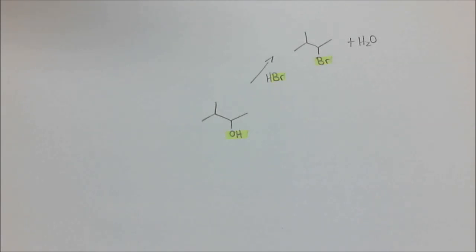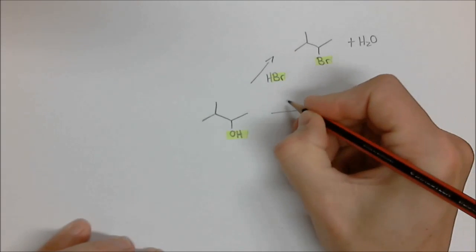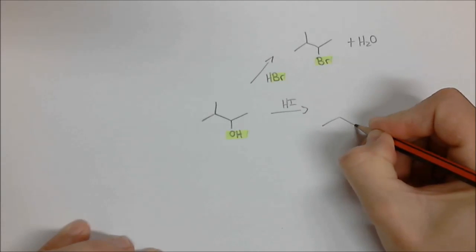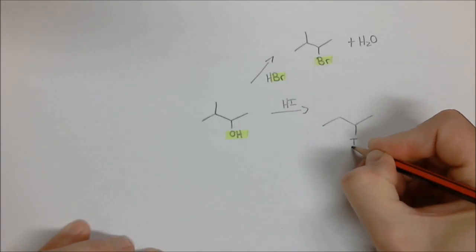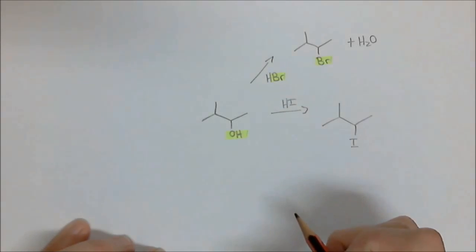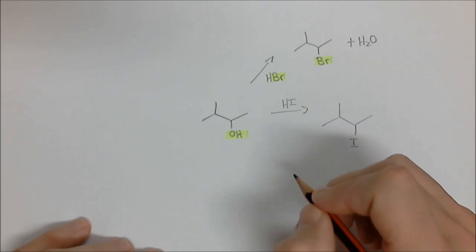All right, so that's just one, and we can do the same sort of thing with hydrogen iodide, and then we get an iodine exchanging for the OH over there. And then one would think that logically we could also use HCl.